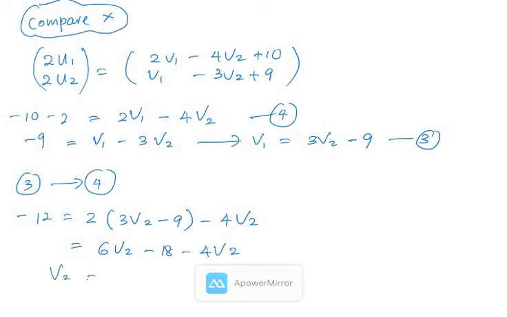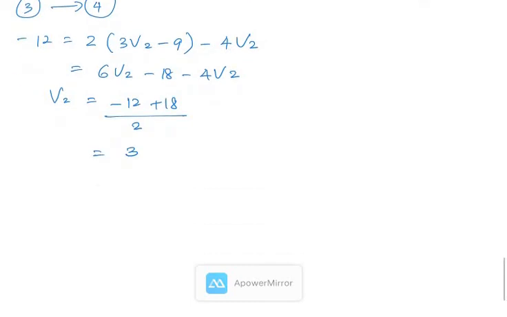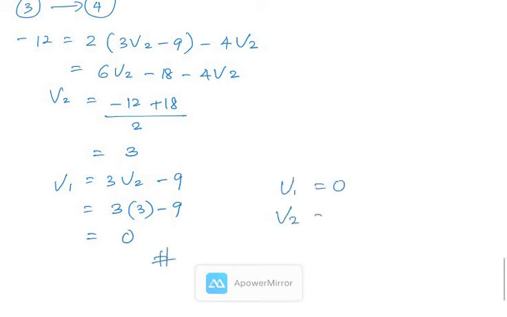So v2 equal to minus 12 plus 18 divided by 2 equal to 3. And then v1 equal to 3v2 minus 9. 3 times 3 minus 9 equal to 0. So therefore v1 equals 0 and v2 equal to 3.